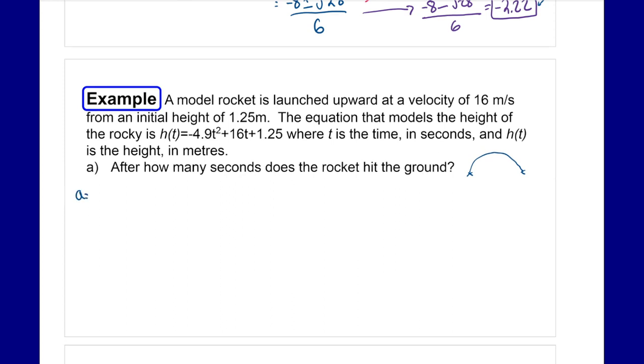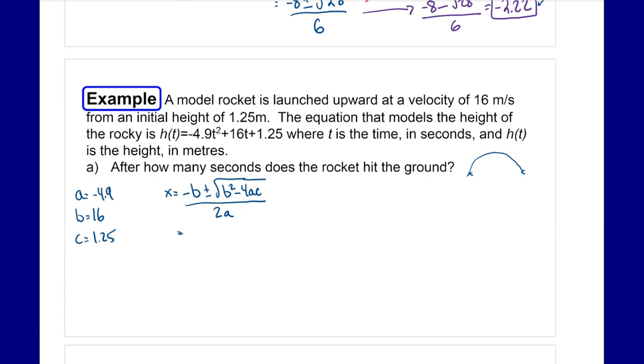We have an a value of negative 4.9, a b value of 16, and a c value of 1.25. This is enough to use our quadratic formula. So x equals negative b plus or minus the square root of b squared minus 4ac, all divided by 2a.